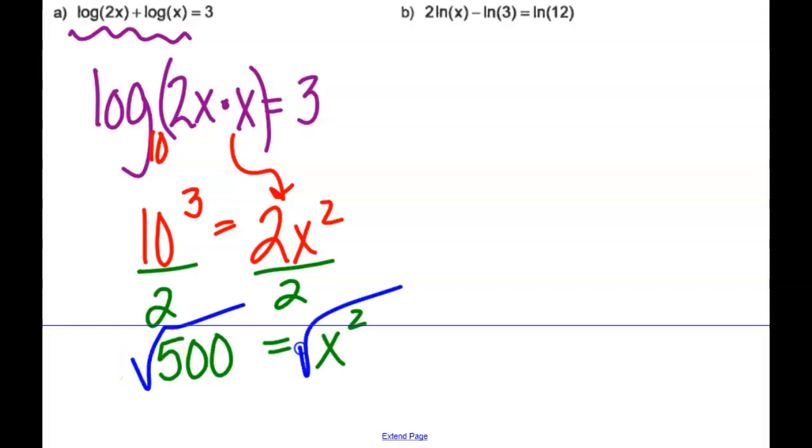Okay, now, what do we have to remember when we square root an x squared? Plus or minus, okay. Back up to the very beginning of this problem. Can you take the log of negative square root of 500? You cannot take the log of a negative number. So one of these is called, anybody remember the big word?